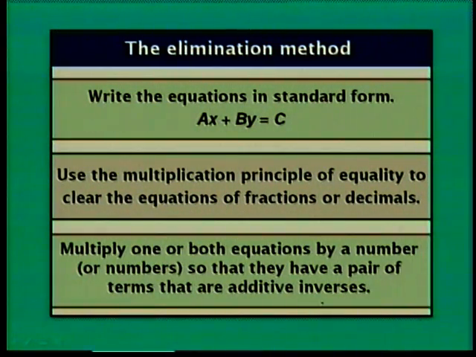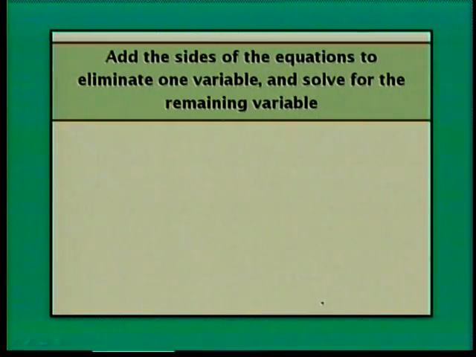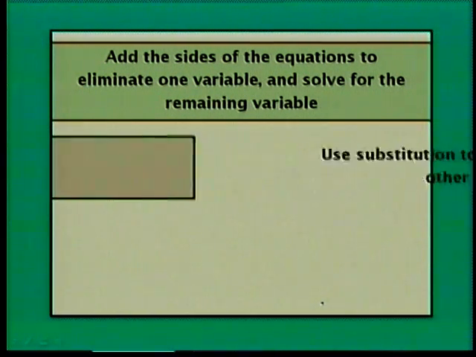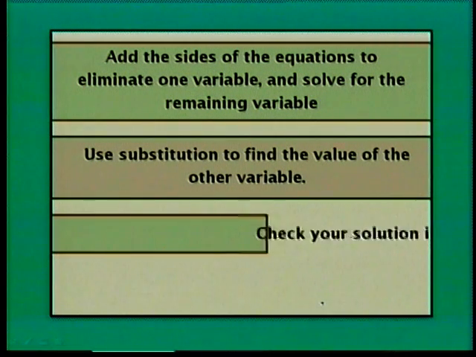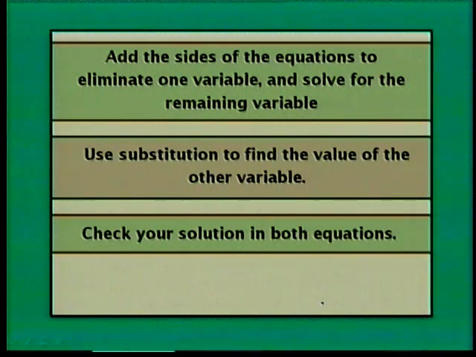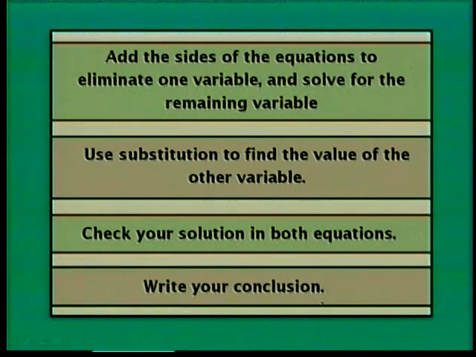When necessary, we're going to multiply one or both equations by a number or numbers so that they have a pair of terms that are additive inverses. When we add the sides of the equation, we'll eliminate one of the variables and solve for the remaining variable. Then we'll use substitution to find the value of the other variable. We always want to check our solution in both equations, and that is the original equations, and then we'll write our conclusion.